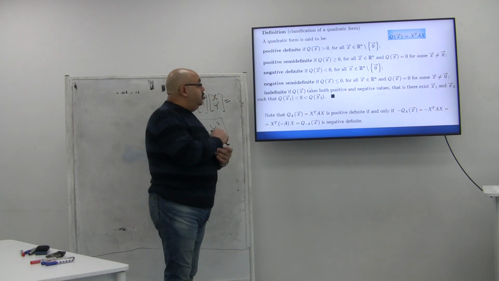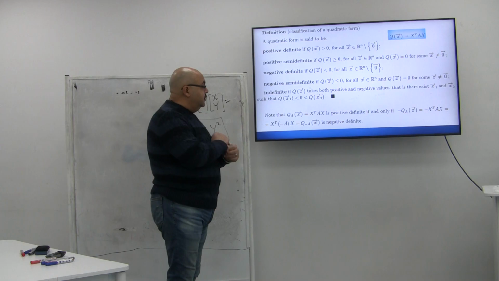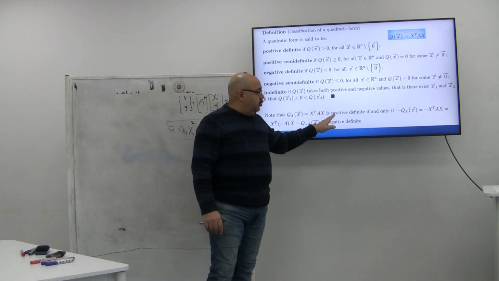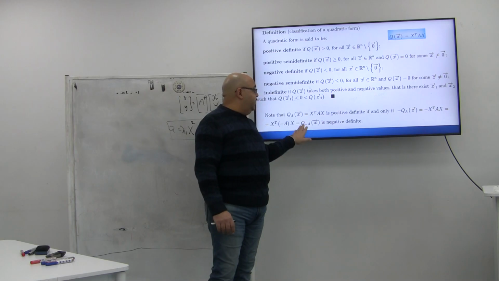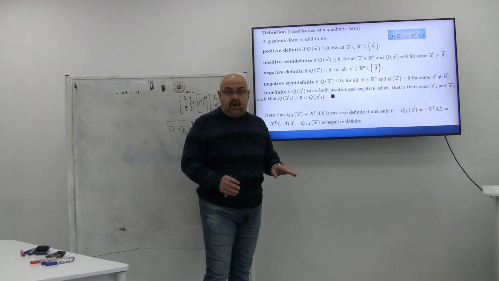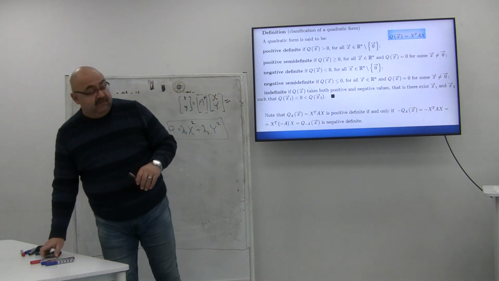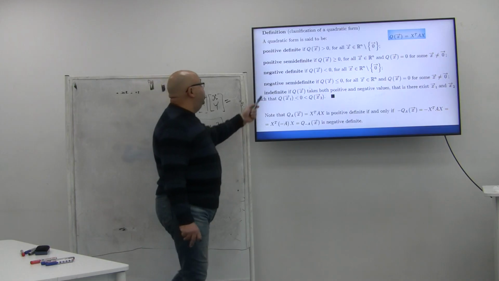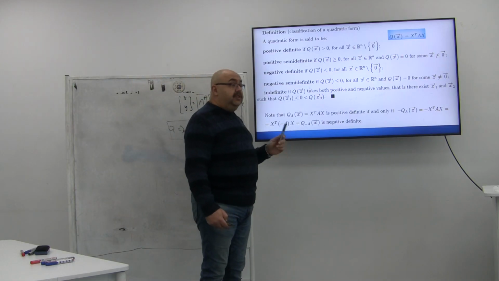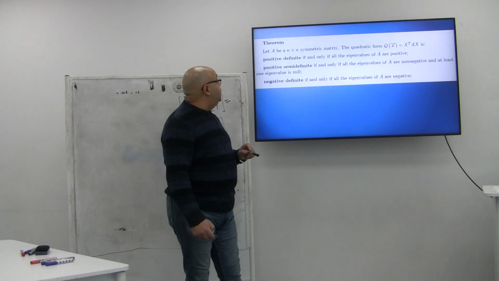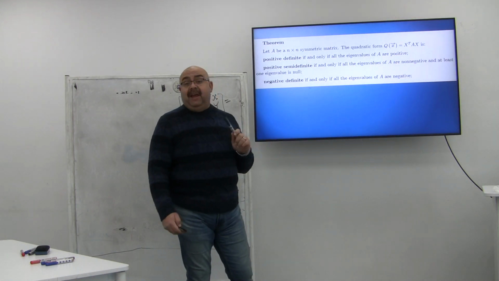Okay, note that Q of A is equal to x transpose times A times x, and it's positive definite, as I told you. Also, this definition can be given based on the inverse for the negative definite. But mainly, we will go with the first one. Also, this classification, I went through with you in the previous lectures based on the eigenvalues.